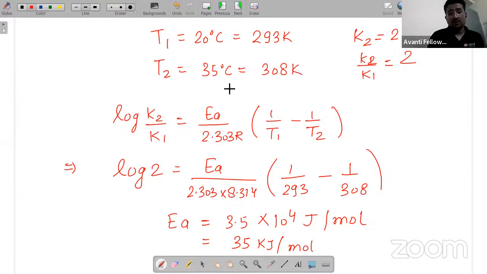You all can solve this equation. Just solve it, then you will get the value of Ea as 35 kilojoule per mole. Is that clear? Anyone, any doubt? I hope this question is clear to all of you. Okay, let's check the options.